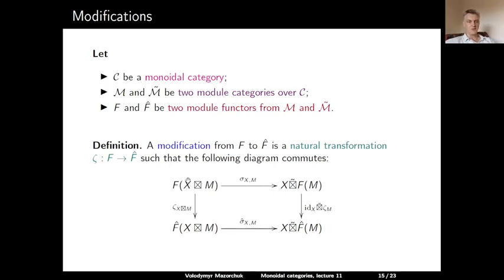So we can start from f of x acting on M. Applying sigma, we go to x tilde acting on f of M. And now applying zeta m on the second factor, we go to x tilde acting on f hat of M. Alternatively, starting from f of x acting on M, we use zeta to go to f hat applied to x acting on M, and here we use sigma hat to go to x tilde acting on f hat of M. So this diagram should commute.